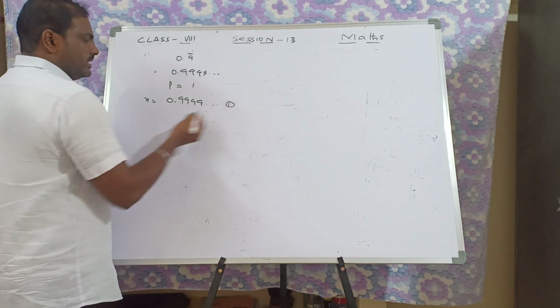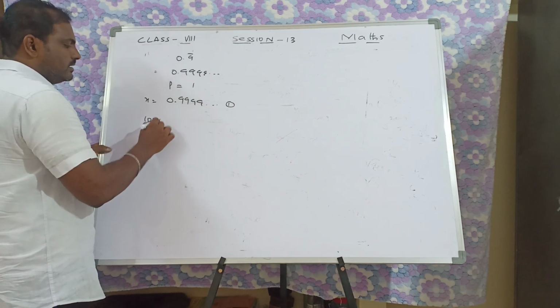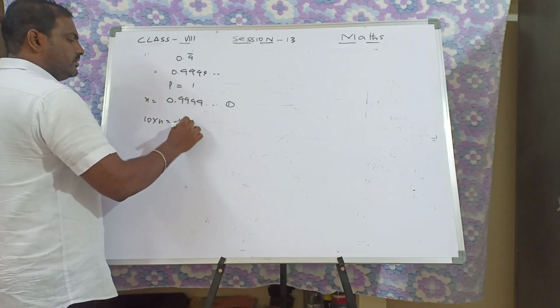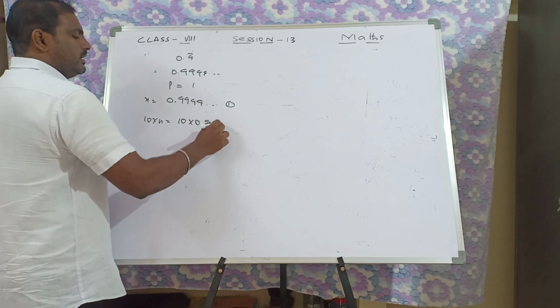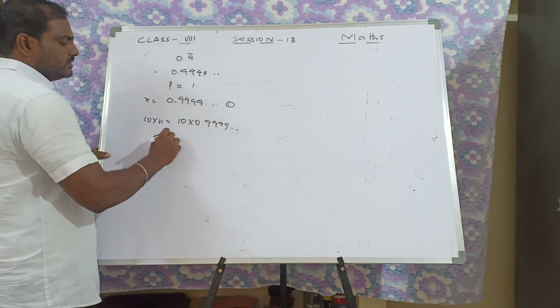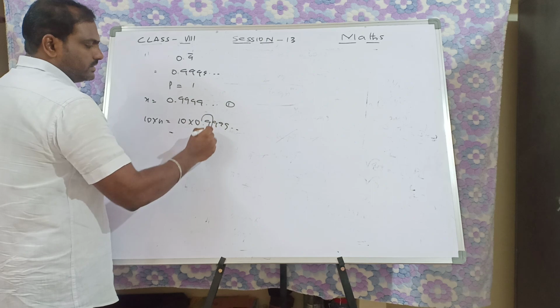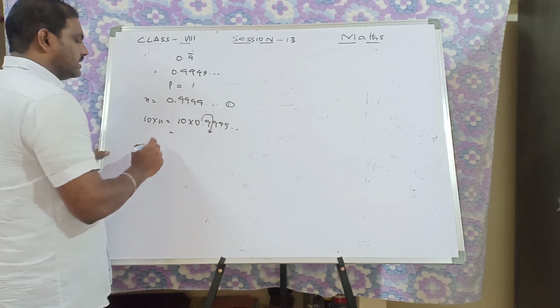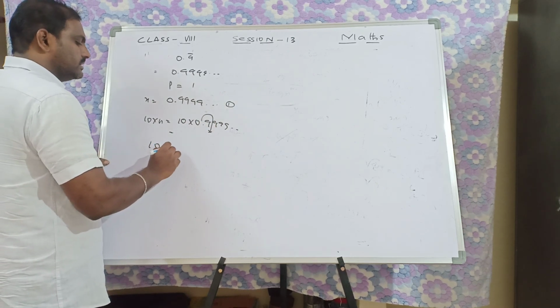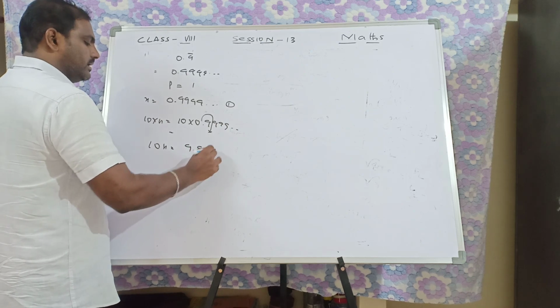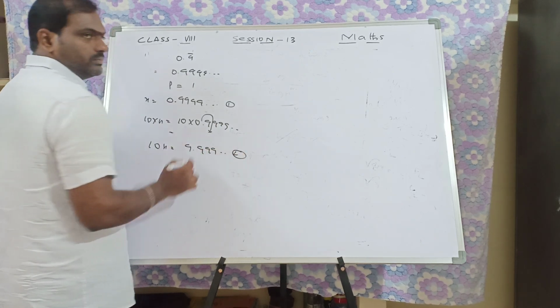This is equation 1. If I multiply with 10, 10 into x, 10 into 0.999 and so on. Since we are multiplying with 10, the point will shift one place. So we get 10x is equal to 9.9999 and so on. This is equation 2.